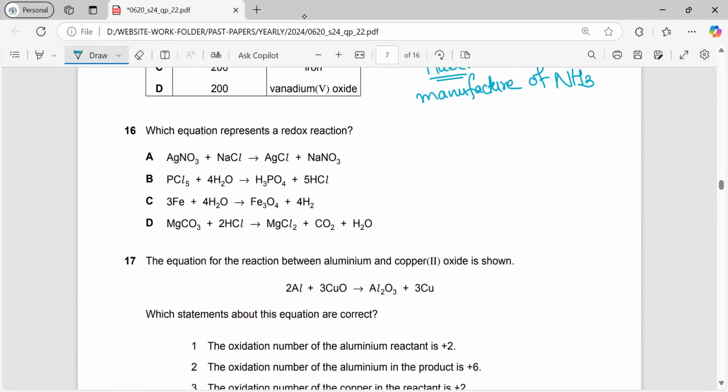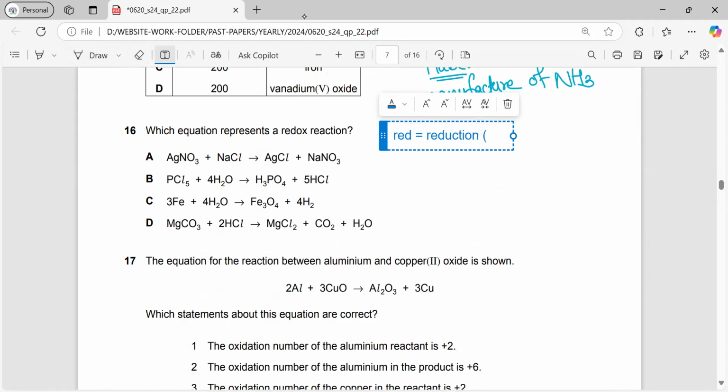Which equation represents a redox reaction? Now, what's a redox reaction? In a redox reaction, RED means reduction, which is the gain of electrons, and OX means oxidation, which is the loss of electrons.